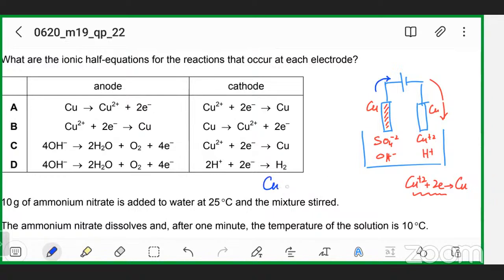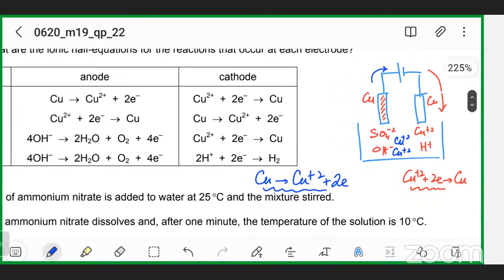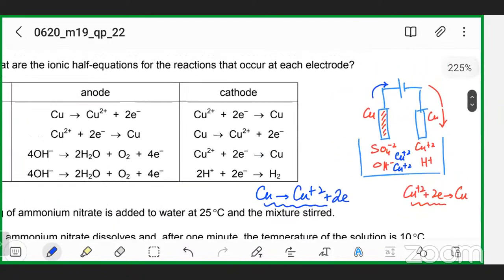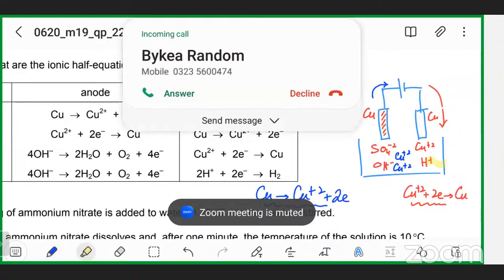So metal ही electrons lose कर जाएगा, and it will start dissolving. So your solution will have all of a sudden a lot of copper plus 2 ions because your metal electrode is getting dissolved. ये बात clear है? Yes.